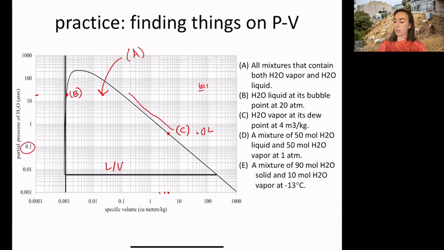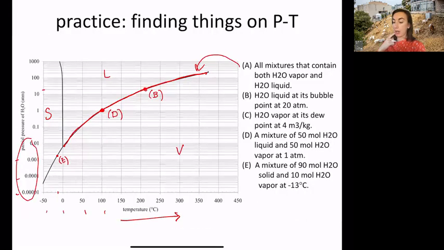So this is 0.4 atmospheres. And so that lets us go back to our PT diagram, and we can just look for 0.4 atmospheres. So this is 0.1 right here, 0.2, 0.3, 0.4 is right about here. So this is something that PV diagrams can help us do, is to connect back to the PT diagrams.